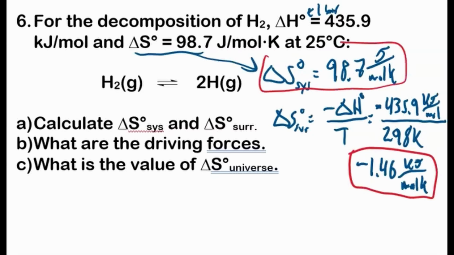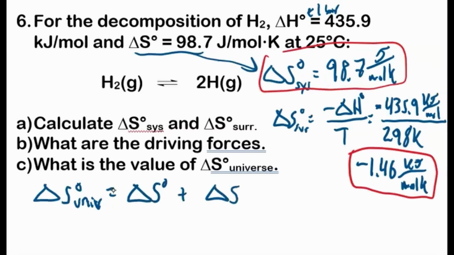This is of the system here. What are the driving forces? Well, this is negative and this is positive. So let's answer B and C at the same time. The change in entropy of the universe has to be greater than 0, and it's equal to the change in entropy of the system plus the change in entropy of the surroundings. So that's going to be equal to 98.7 joules. Now, remember your units, make sure they match up.